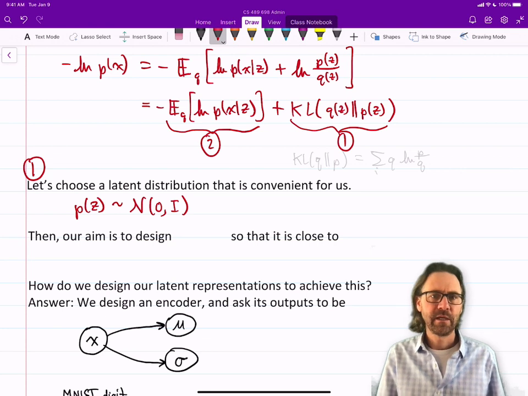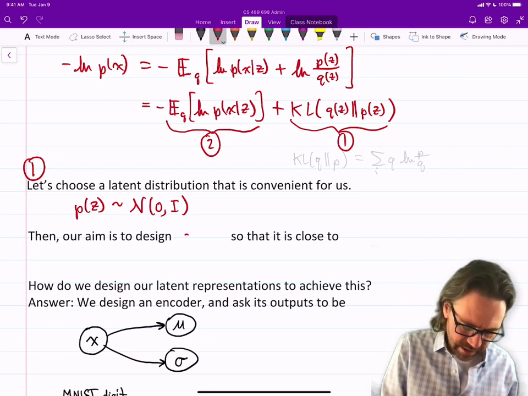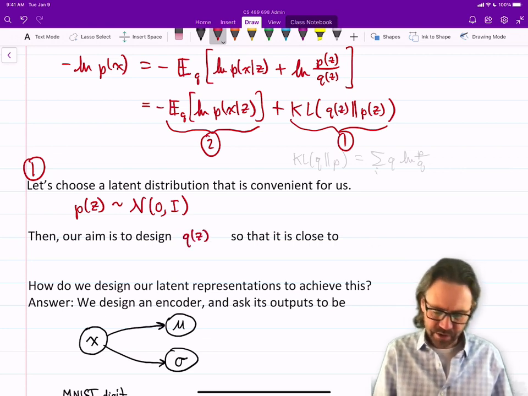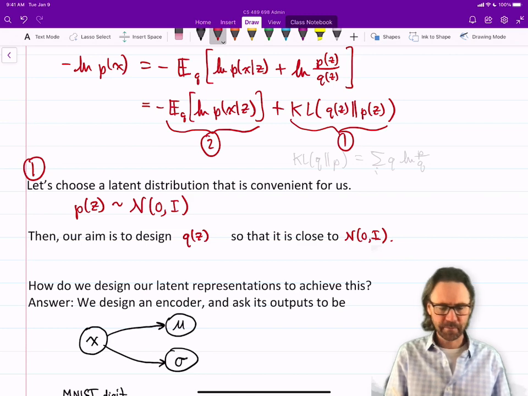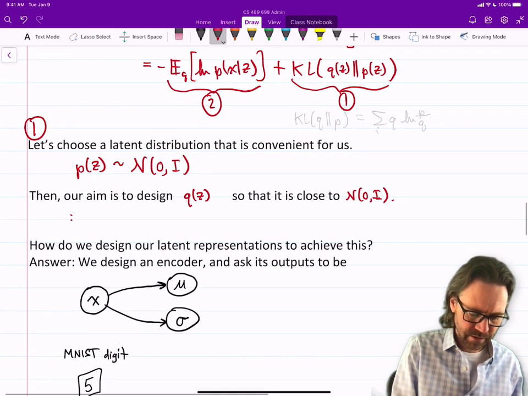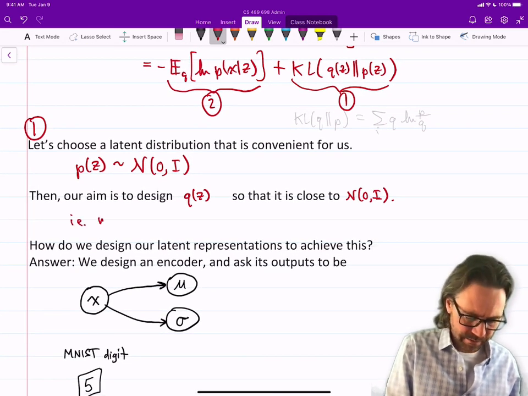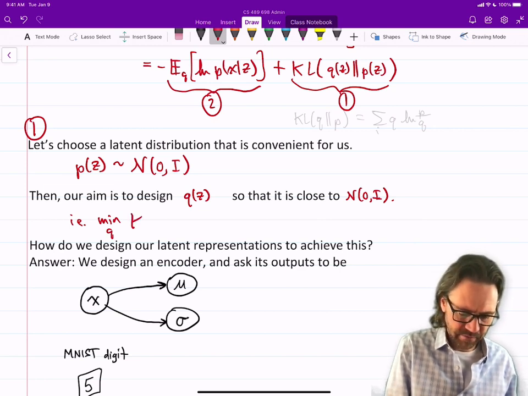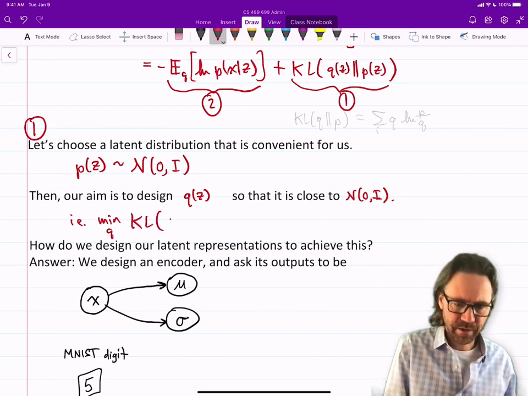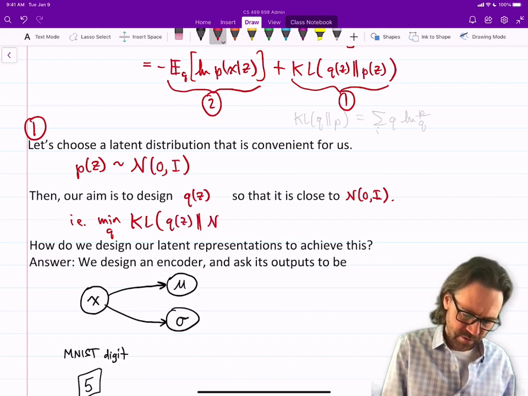So then our aim is to design Q of Z so that it's close to this, what I'll call the standard normal distribution. In other words, we want to minimize over these different Q's the KL divergence between Q of Z and normal 0, I.